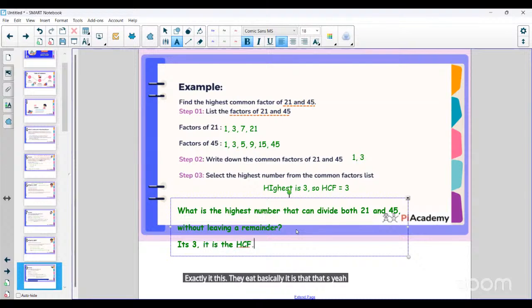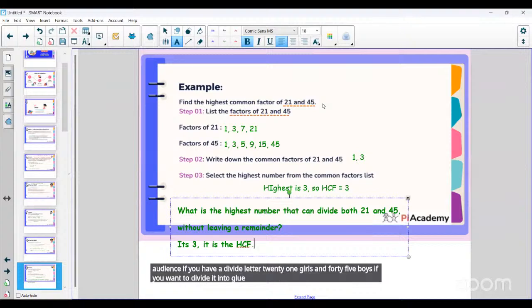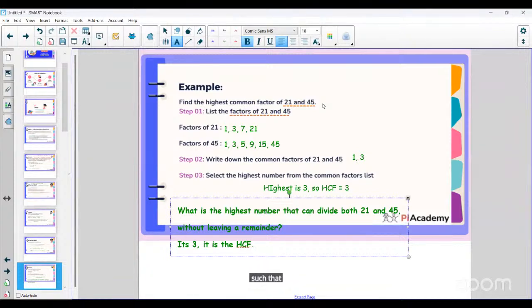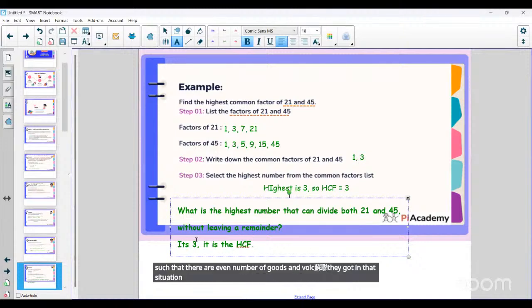Suppose there are 21 girls and 45 boys, and you want to divide them into groups such that there are an equal number of girls and boys. How many such groups can you make? 3 groups. In such situations, you can use the HCF.